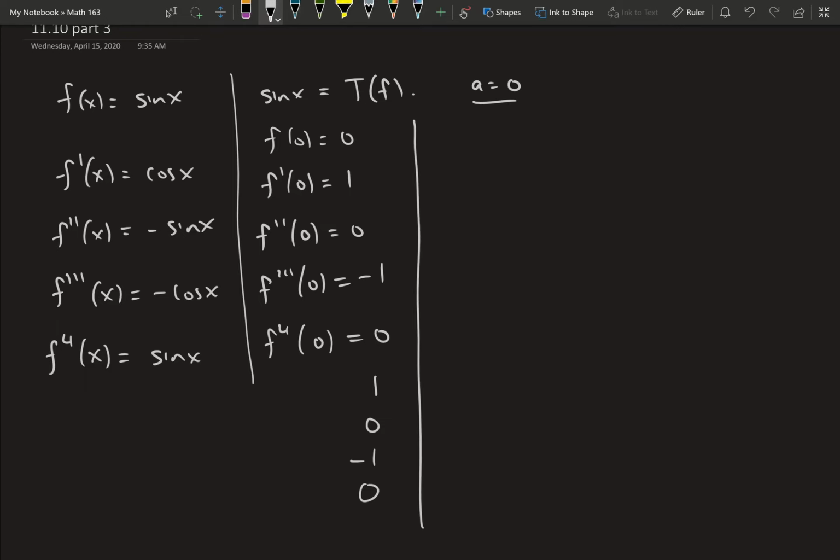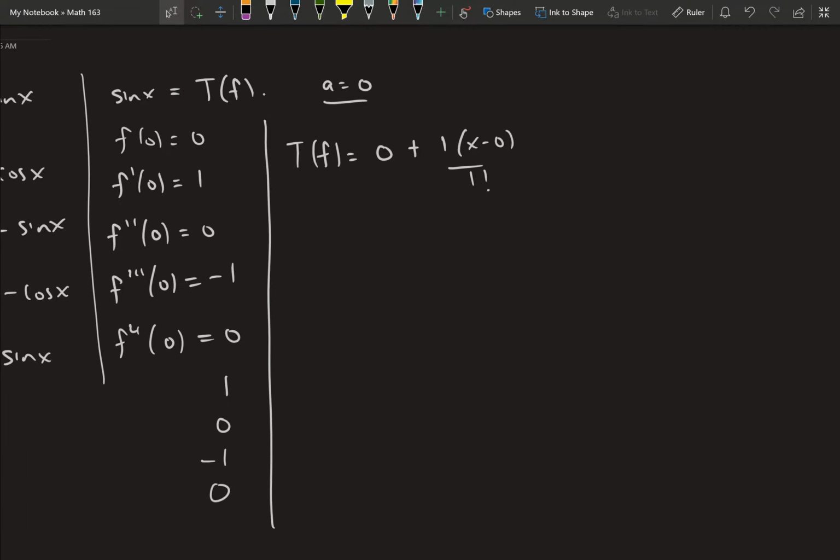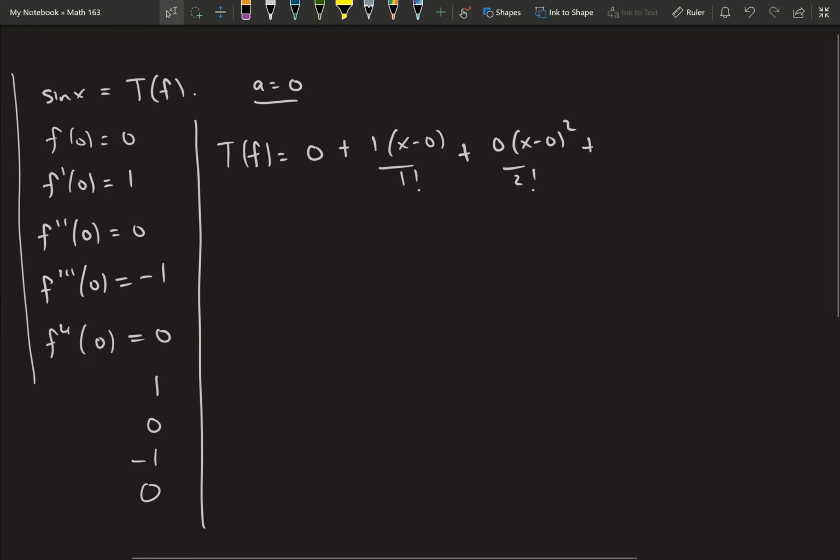So our Taylor series for this function is f of 0, which is 0, plus 1 times x minus 0 divided by 1 factorial, plus 0 times x minus 0 squared over 2 factorial, minus, I should have a minus sign because we have a minus 1 there, minus 1 times x minus 0 cubed over 3 factorial, and so on and so forth.